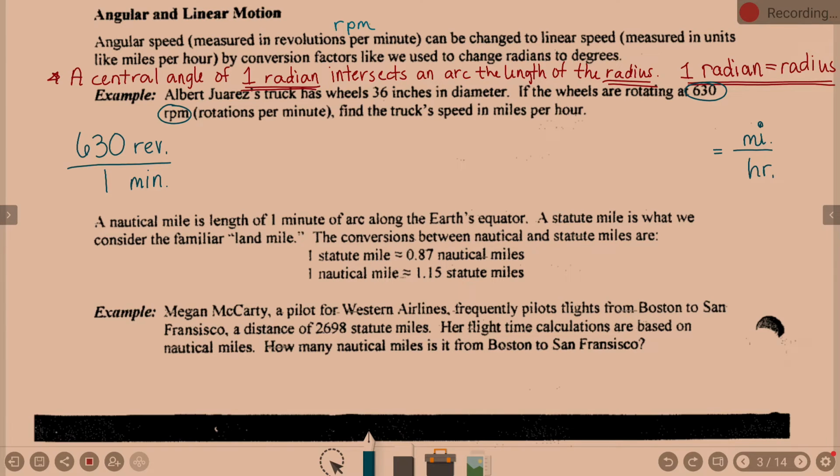If we're talking about 36 inches in diameter, what else do you need to know? If the diameter is 36, the radius is going to be 18 inches. Are we going to have to use that eventually? Yes, most definitely.